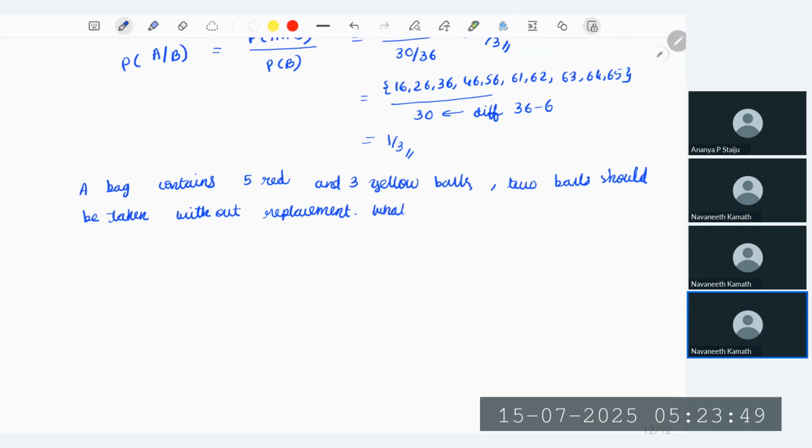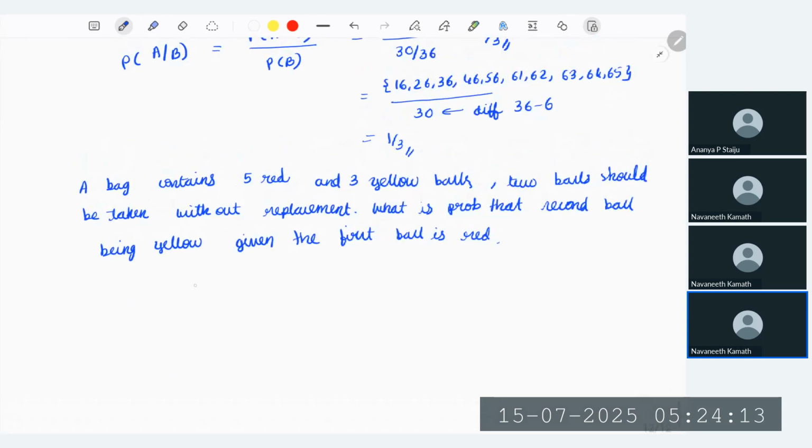What is the probability that the second ball is yellow, given the first ball is red? Consider this as probability of A given B. The B event is that a red ball is already taken. A is the yellow ball.